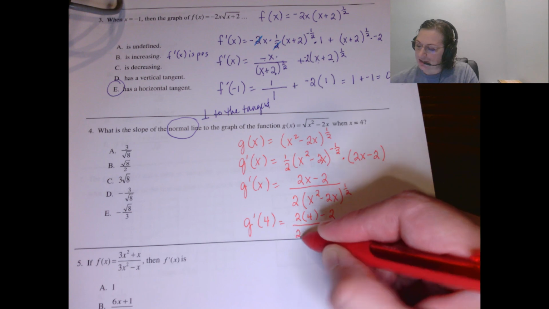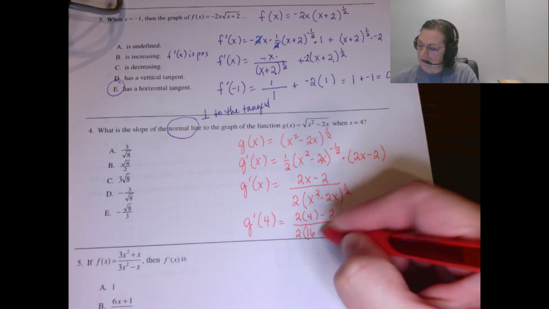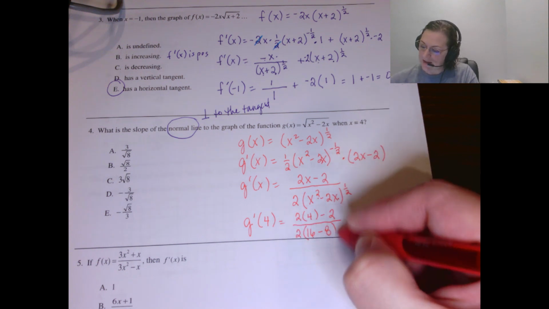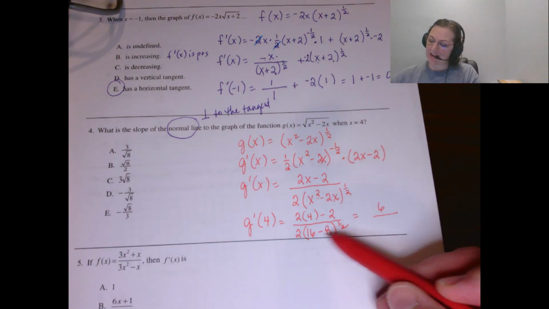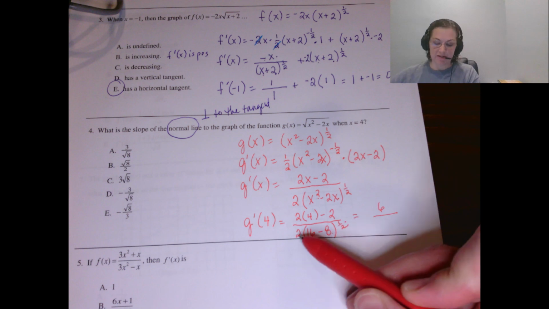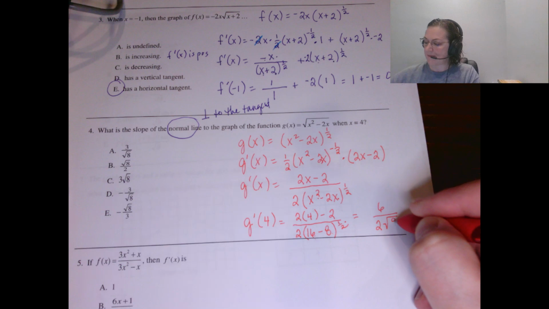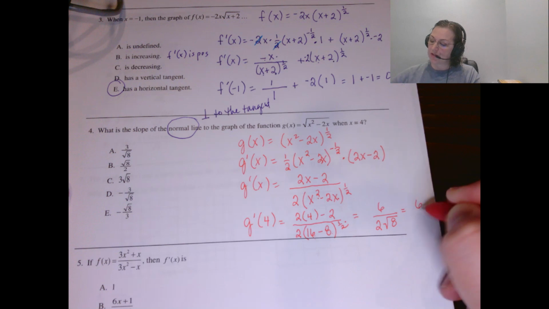Then I've got 2 times 4 squared is 16, minus 2 times 4, which is 8, and that's to the 1/2 power. Okay, so on the denominator, I've got 8 to the 1/2 times 2. So I've got 2 times the square root of 8. Now I know the square root of 8 can reduce to 2 times the square root of 2. So that becomes 4 times the square root of 2.